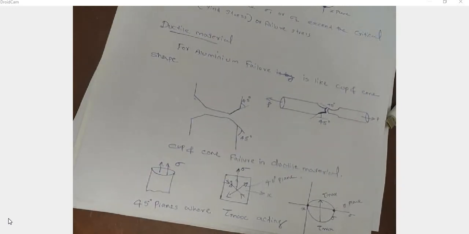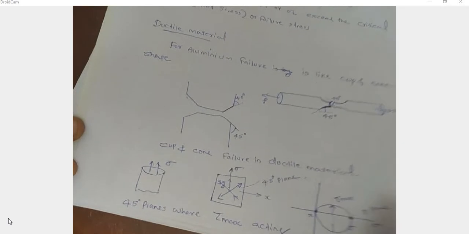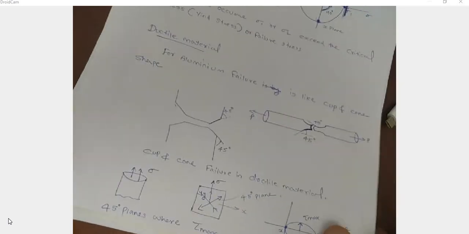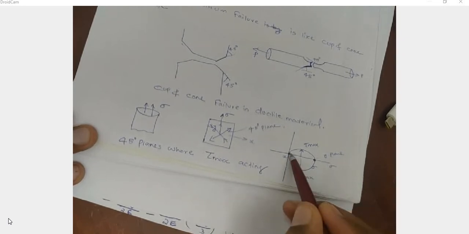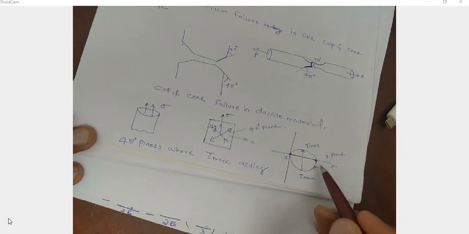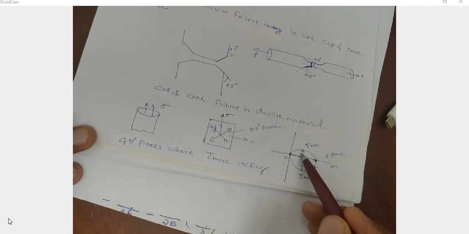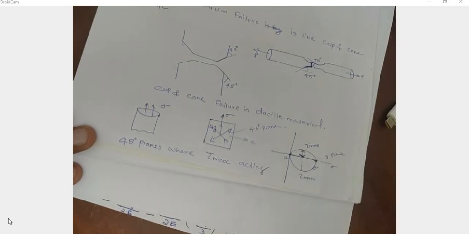Okay, so here what happened for a ductile material, this is the Mohr's circle. In case of a uniaxial tension test we have only one sigma. So this is my sigma, and the corresponding shear stress is equal to this one, tau maximum.